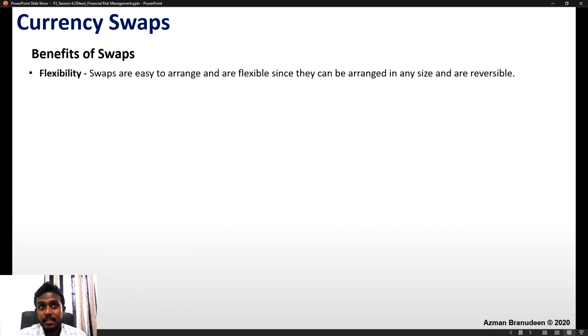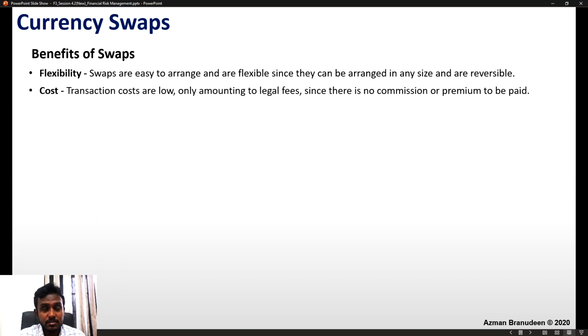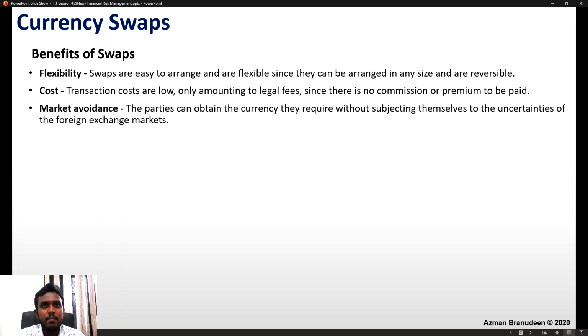Benefits: flexibility. Swaps are easy to arrange, as is very obvious, right? They are flexible since they can be arranged in any size and are reversible. Transaction costs are low, only amounting to legal fees since there's no commission or premium. Market avoidance: the parties can obtain the currency they require without subjecting themselves to the uncertainties of the forex markets.